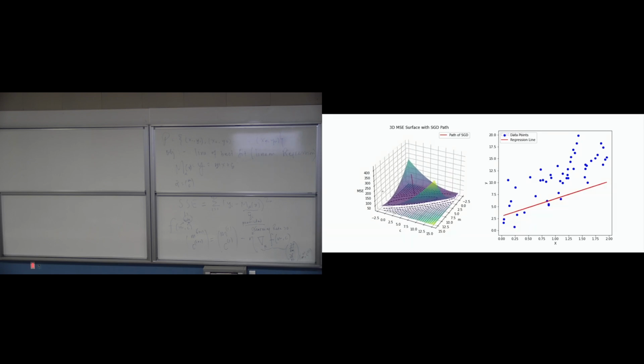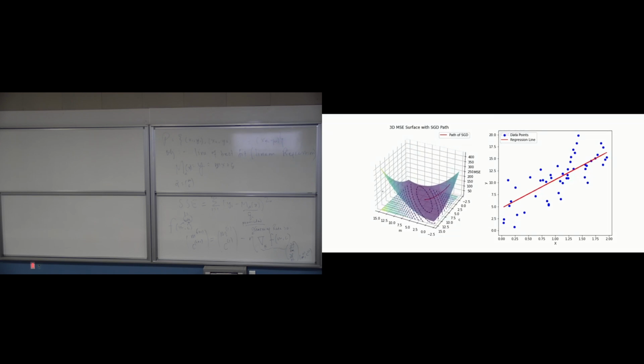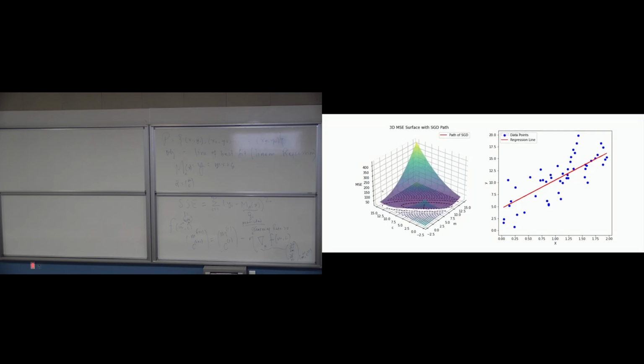It updates the red line, the line of best fit, and slowly this thing settles here. We have minimized the loss, and we say this is the line of best fit with the weights corresponding to the slope of the line and the intercept of that line. This is a linear regression model, and we have employed the stochastic gradient descent. Very simple idea. It's a very simple problem, but a very widely used problem in data science.